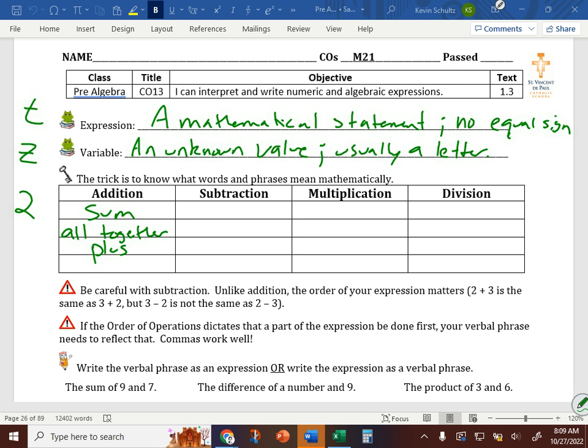Starts with D. Difference. Well done, class. When you see the word difference, you're thinking subtraction, how far apart something is, right?